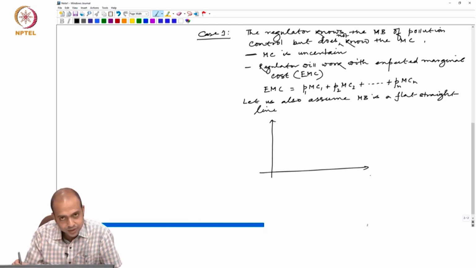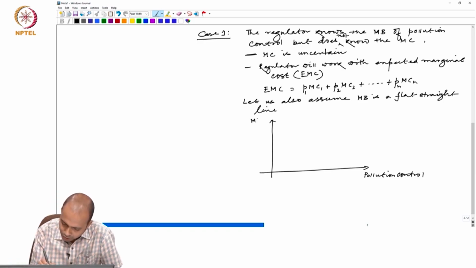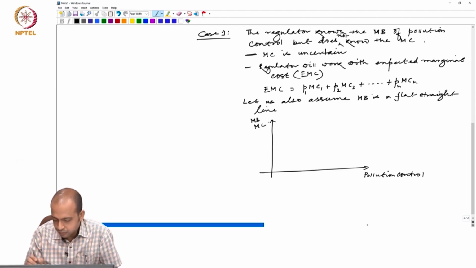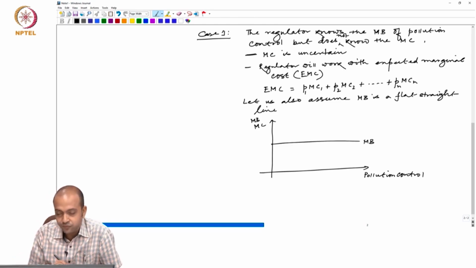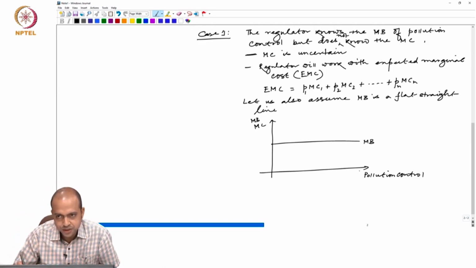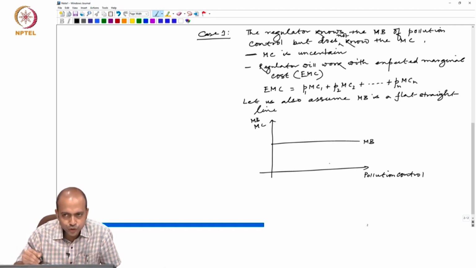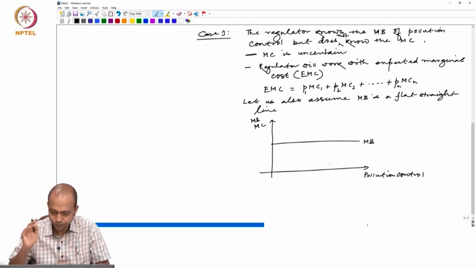On the x axis we are measuring, as I said, pollution control, and on the y axis we are measuring MB and MC. This is the MB, which is a flat straight line. So even if the level of pollution control changes, every additional unit of pollution control gives the same level of satisfaction. That is the assumption. Let us not question this assumption. That is one of the cases.